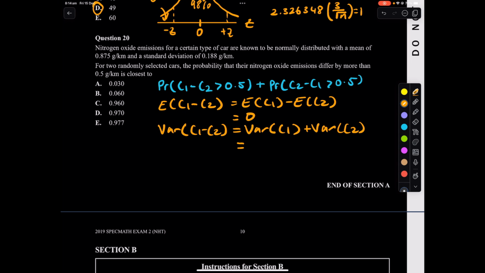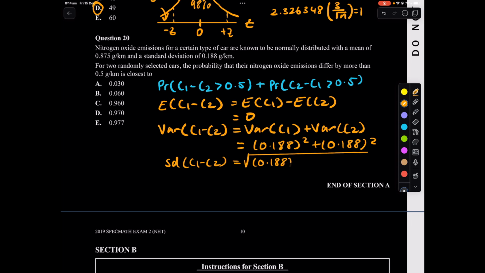So, in other words, we're saying 0.188 squared plus 0.188 squared. And then to find the standard deviation of C1 minus C2, it's just going to be the square root of 0.188 squared plus 0.188 squared.